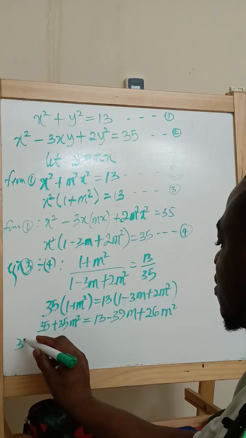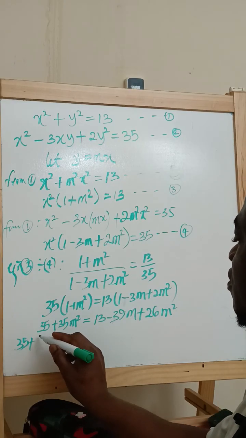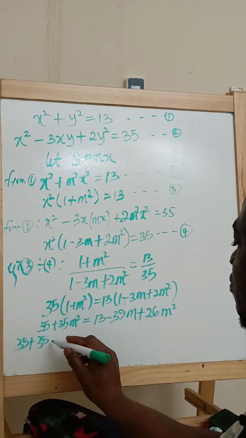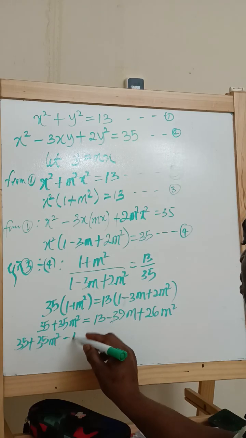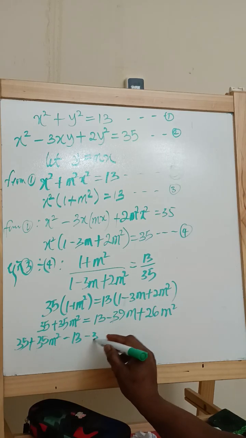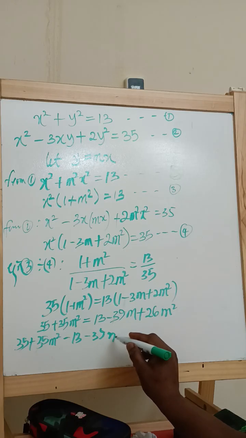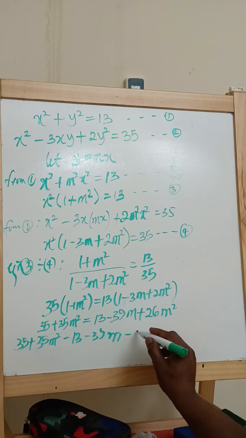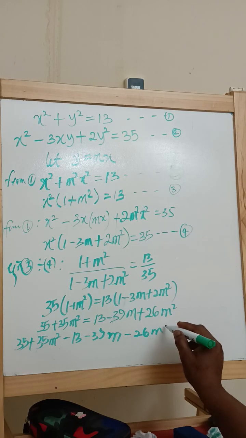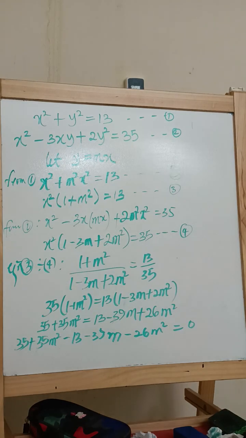So it becomes 35 plus 35m squared minus 13 minus 39m, then minus 26m squared. So we have brought everything to the other side of the equation.